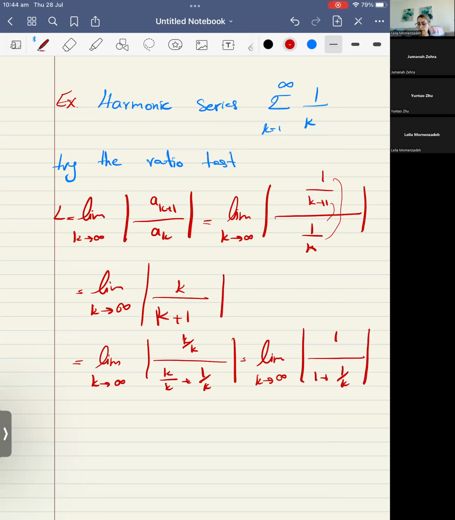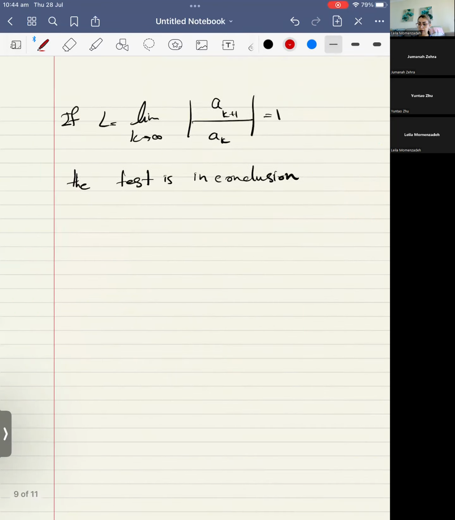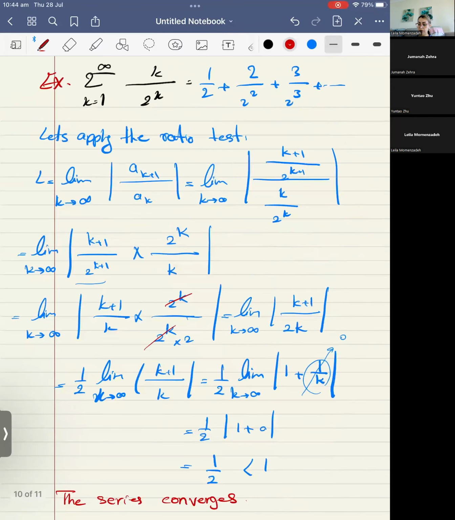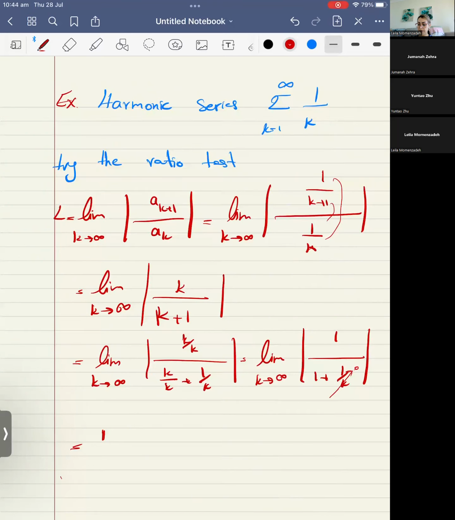Using the limit, 1 over infinity goes to 0, so it equals 1. It means that the ratio test is inconclusive and you cannot say whether it diverges or converges.